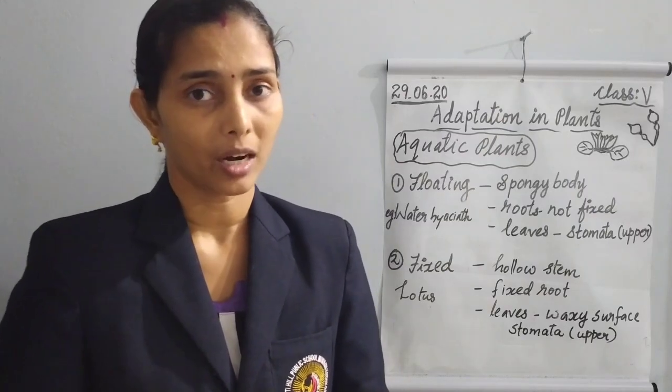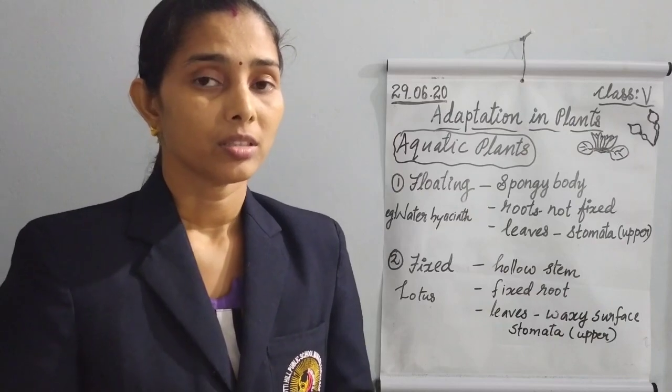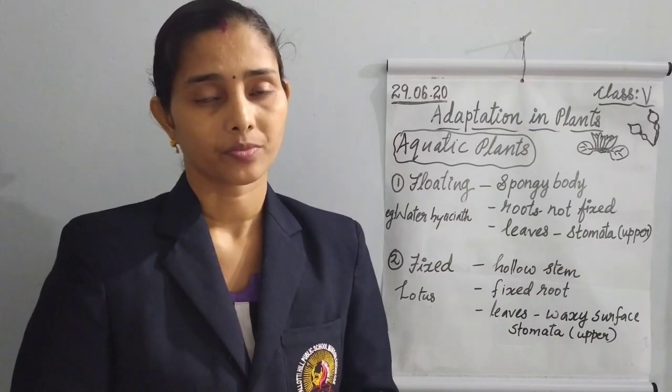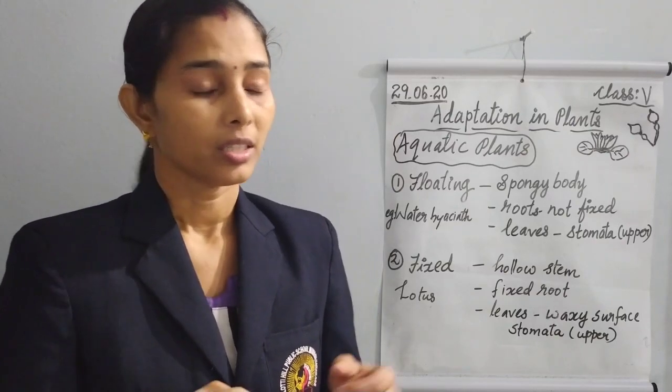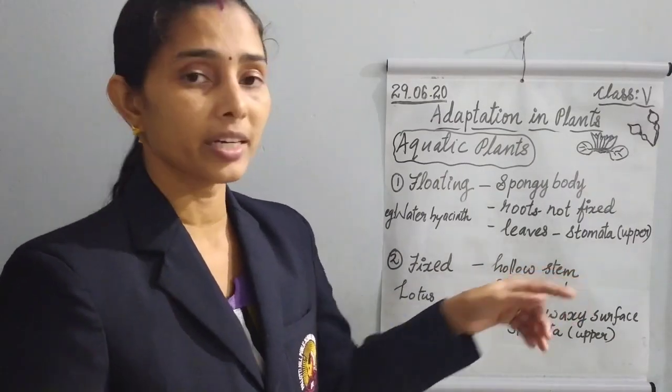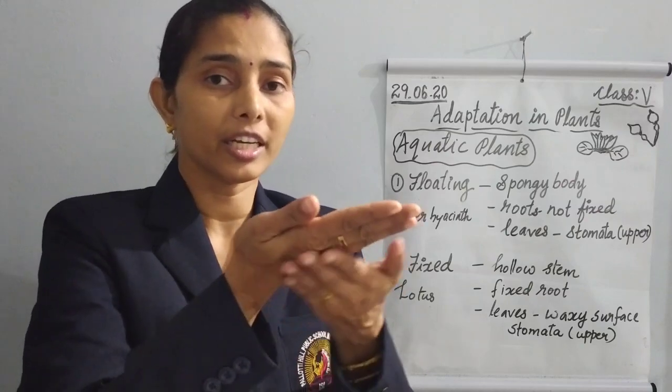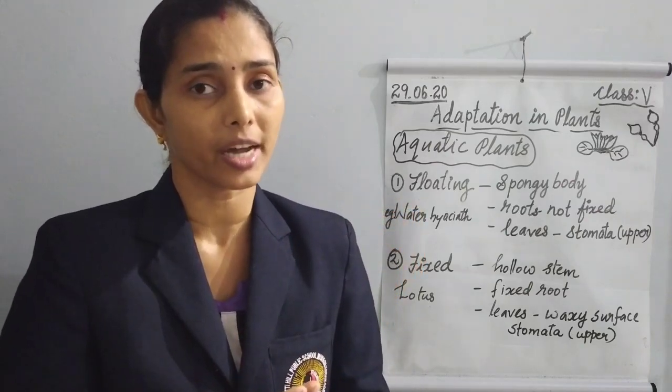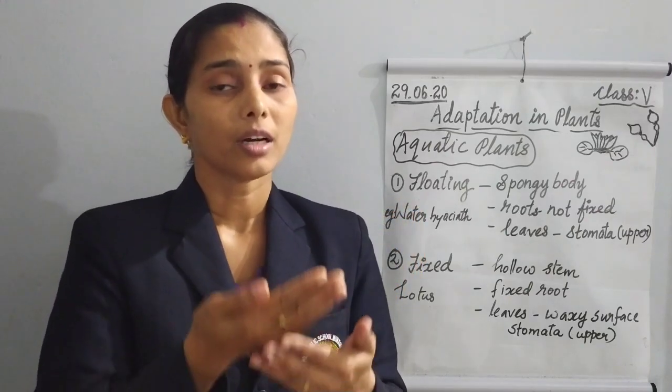Then what about the leaves? All the plants have stomata on the leaves. Actually, the stomata are present under the leaf surface. In the third standard, we learned that the stomata are present under the leaf.